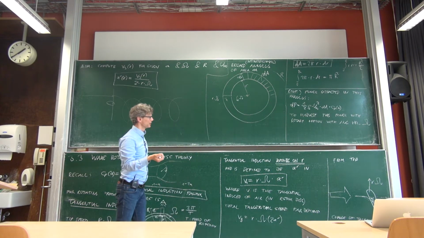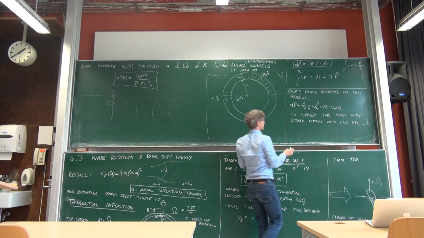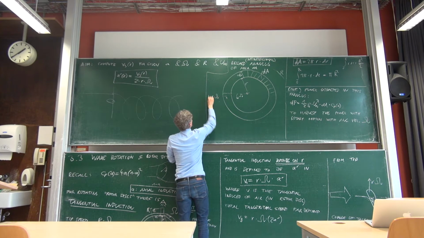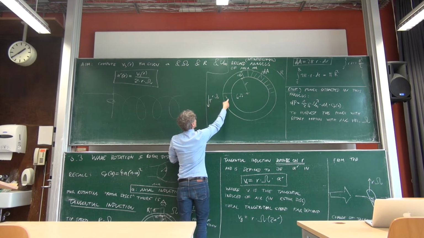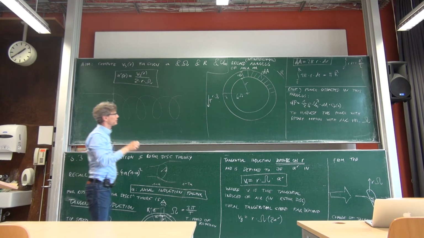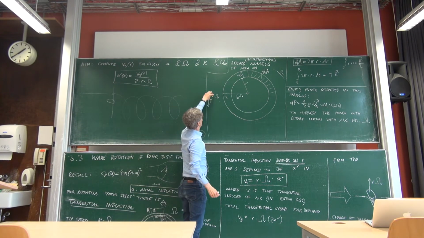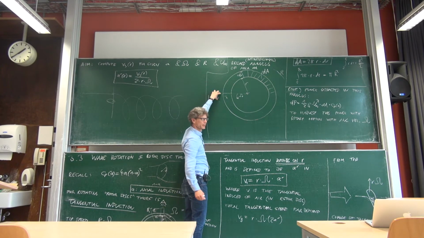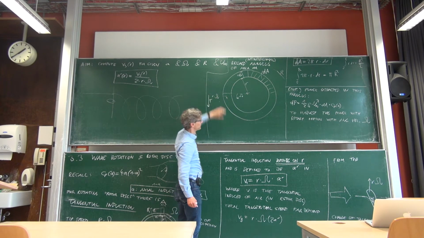And what is the torque? You need a force in this direction, which is of course distributed over the whole annulus, but this force must be multiplied with the radius in order to give a torque, and then you multiply it with omega, and then it gives you a power.